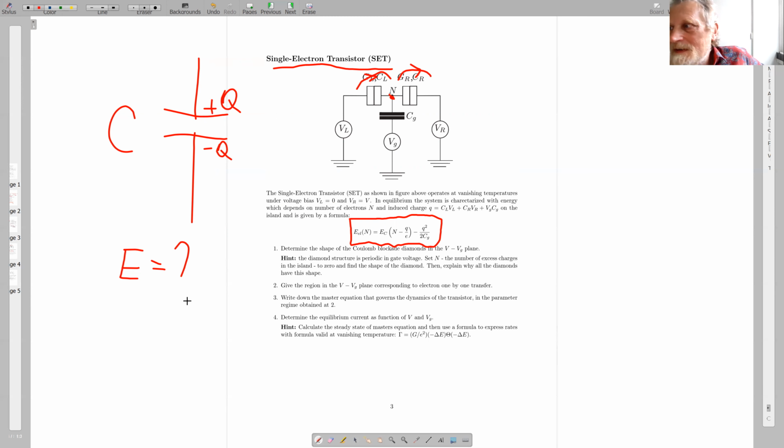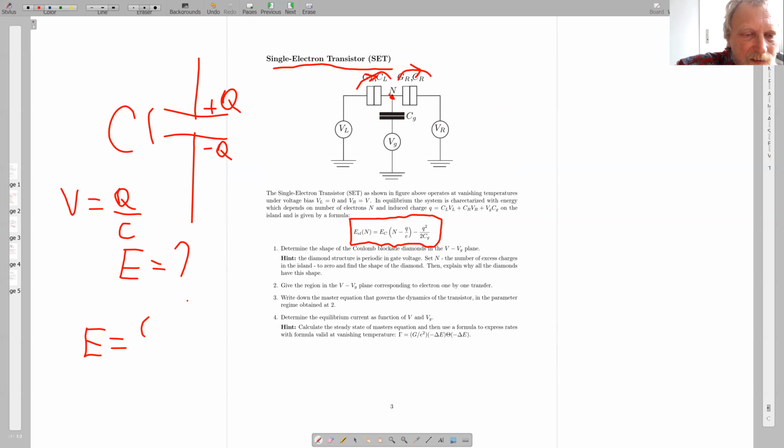Yeah, both answers are correct if we take into account that indeed the voltage drop at the capacitor is Q divided by C, and energy is Q squared divided by C. And we have defined Coulomb energy as E squared divided by 2C.